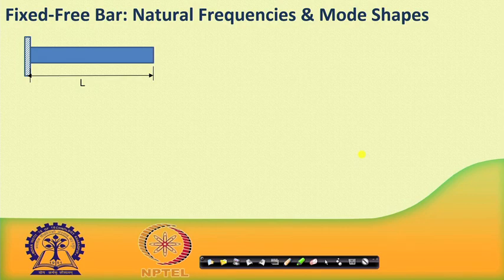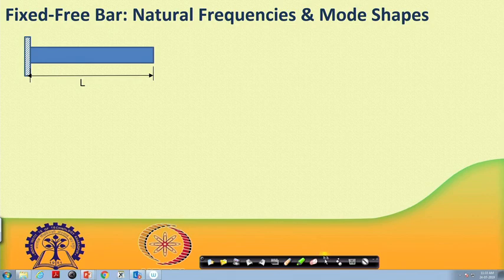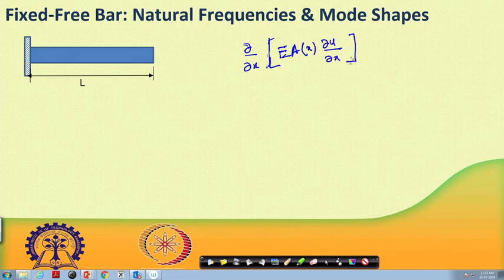a bar under longitudinal vibration. We have seen that for longitudinal vibration we have this equation, which was ∂/∂x of (E A(x) ∂u/∂x), and that was equal to m(x) ∂²u/∂t².